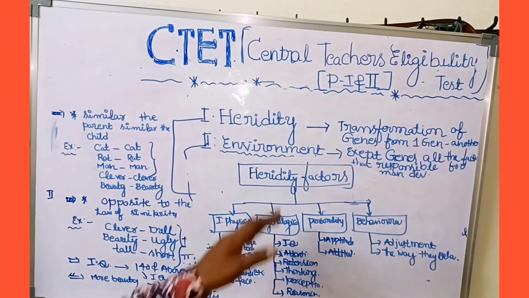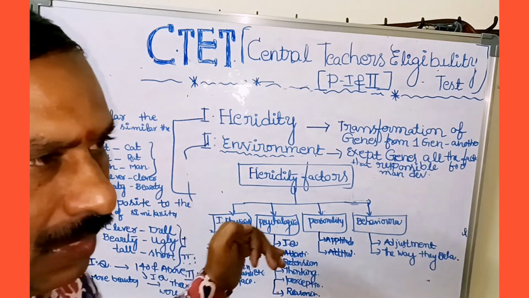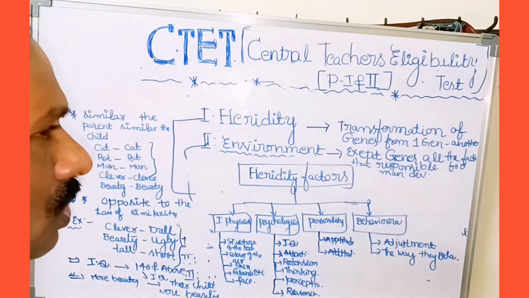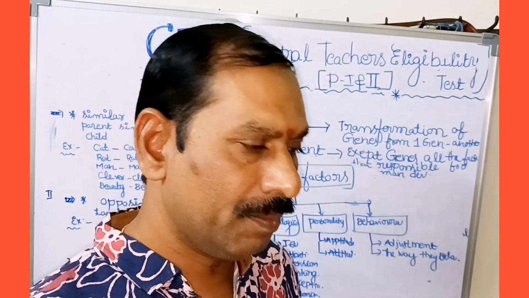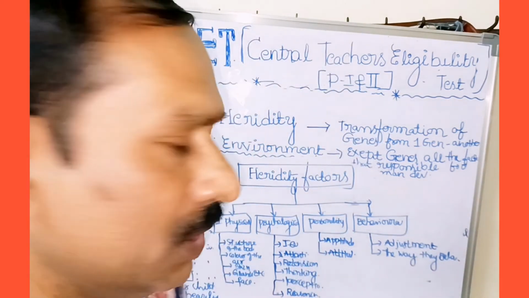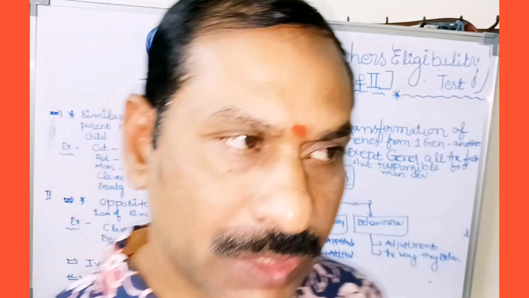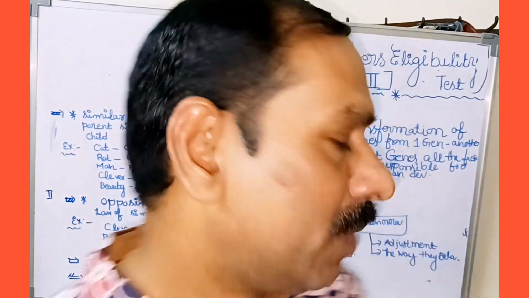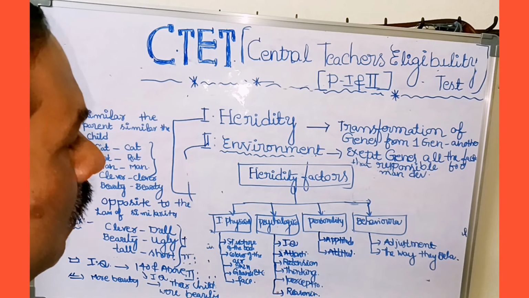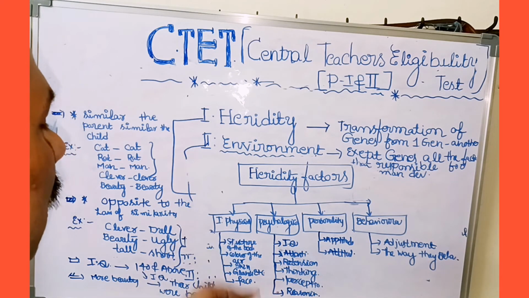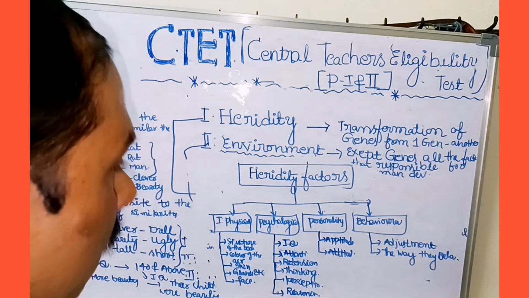These are the classification of the hereditary factors. Those who are pursuing research in heredity are known as hereditarians, and those who are pursuing research on environment are known as environmentalists. In this topic, the hereditary factors are broadly classified into four types.